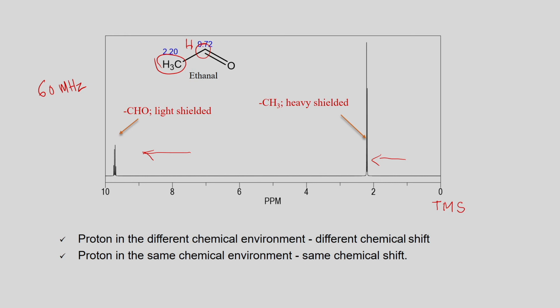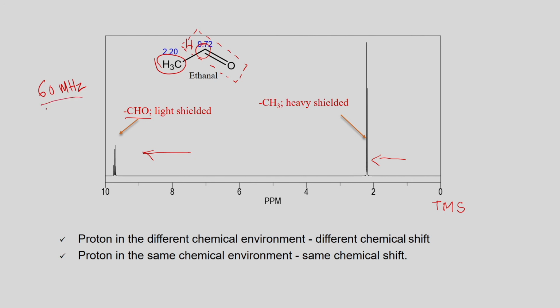Because of this, the electron cloud is less on this particular atom, so it absorbs higher frequency or higher energy and shows up here. So, this entire CHO attachment, if this type of frequency is present, will show up at 9.72. This 9.72 obviously also depends upon the frequency applied.